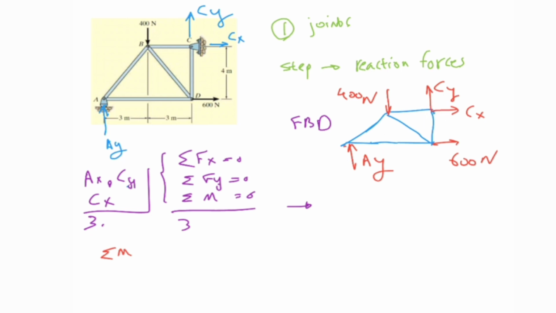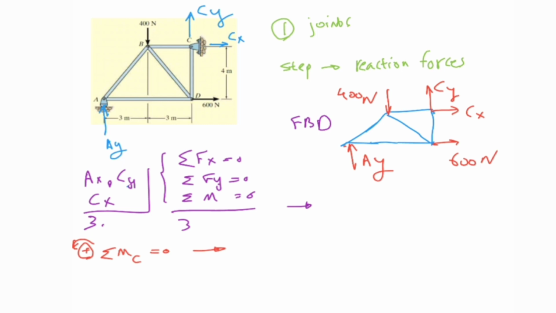If I take sigma M around point C, Cx and Cy are not making any moment around that point because they don't have any arm, and I have three forces, including Ay, which are making some moments around point C. I consider the counterclockwise direction as the positive direction for the sigma M.